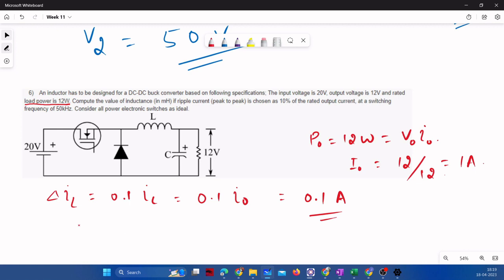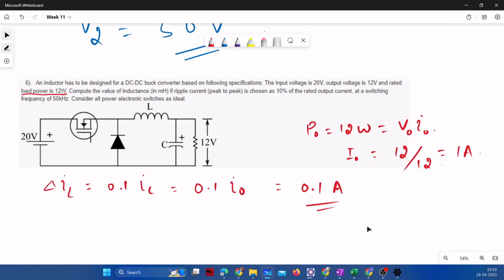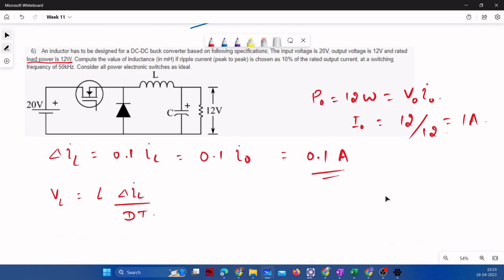Now let me apply the volt-second balance or voltage equation of inductor: VL is equal to L ΔIL by dt. And during the on period of the switch, VL is equal to 20 minus 12 from KVL.